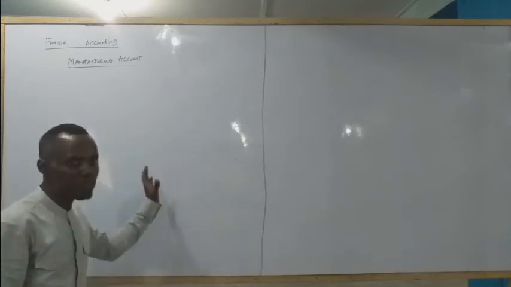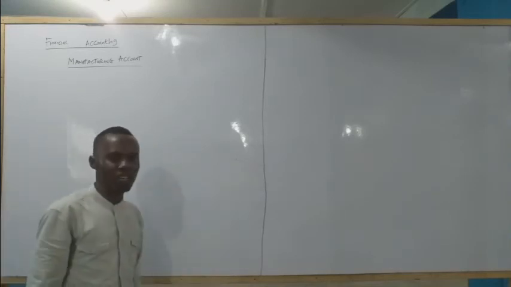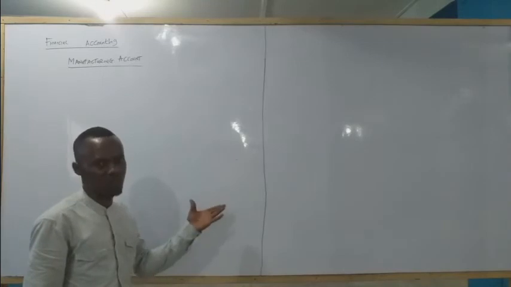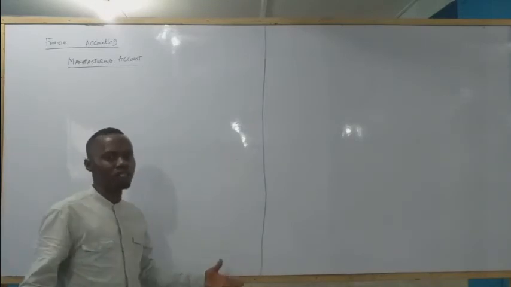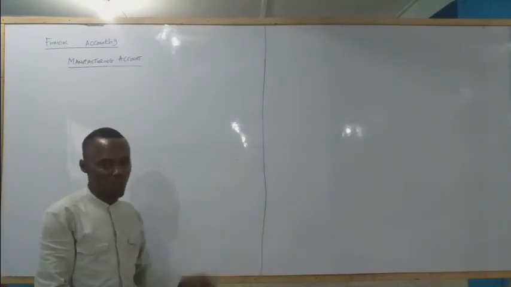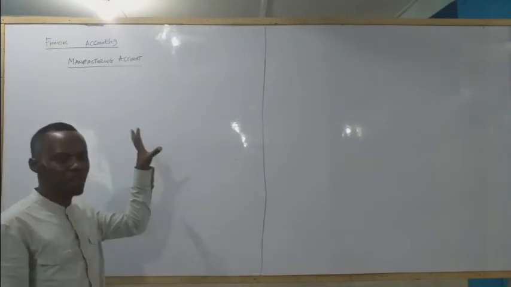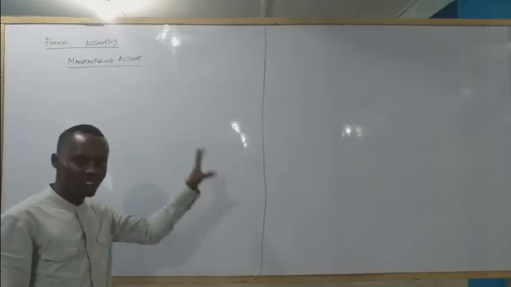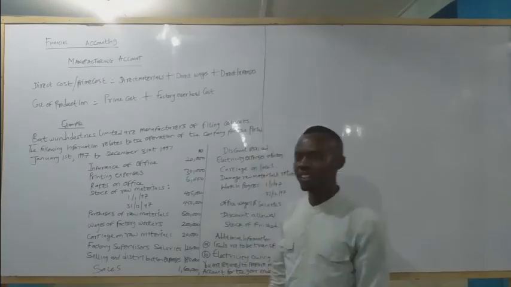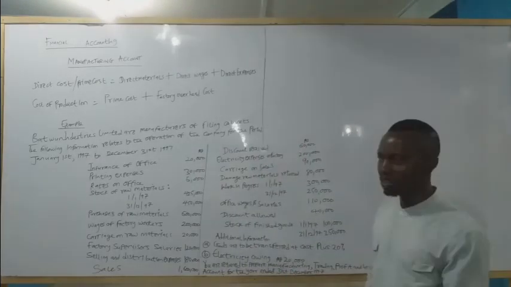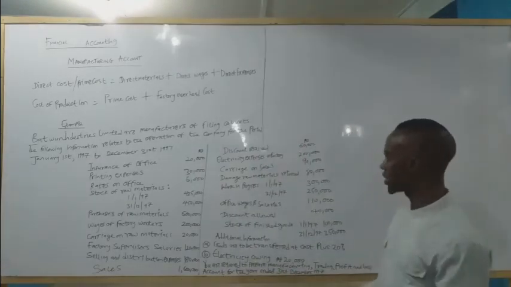So we are going to briefly look at the manufacturing account in detail, because I'm sure we already know about our trading profit and loss account. So we majorly focus on the manufacturing aspect of the manufacturing account. Alright, we have a question on the board and we are going to treat it sharply.